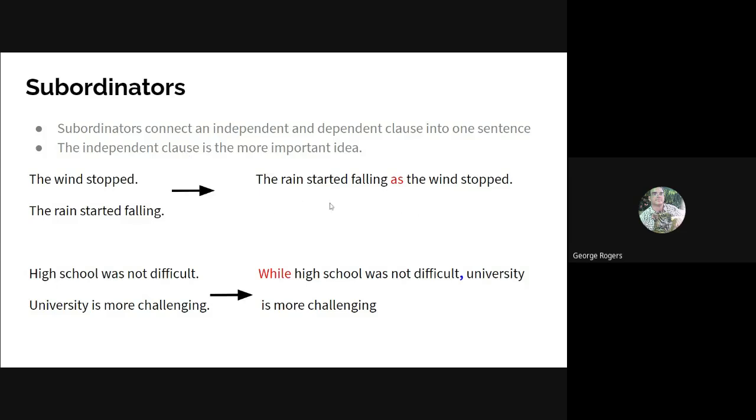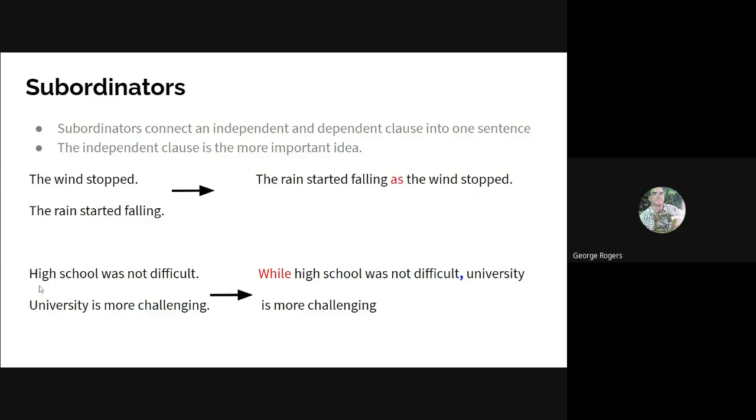The rain started falling as the wind stopped. So again, the more important idea, the rain started falling, is more important. The wind stopped is more of a detail. We're comparing them in time. One started, the other one stopped. And so the rain is a little more important than the wind here in this sentence.